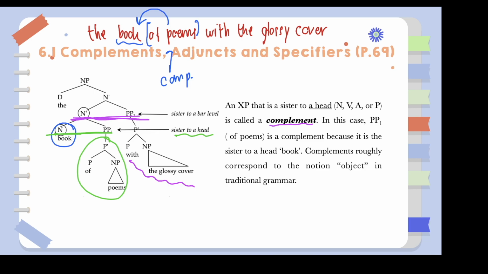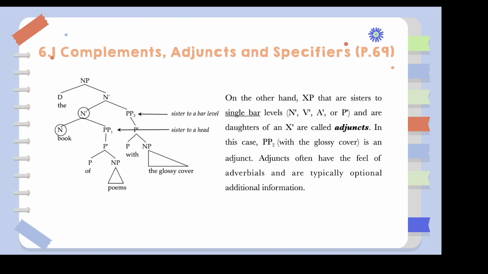"With the glossy cover" we call an adjunct. So the adjunct will be the sister of the bar level. As you can see here, we have another special symbol. Here we call it the bar level, and our head is just like now.